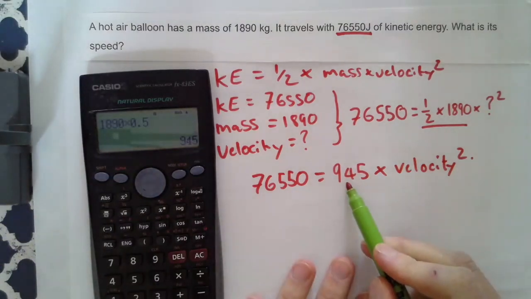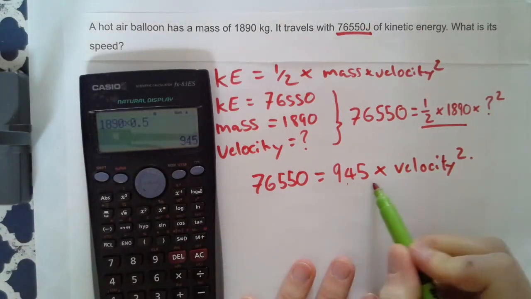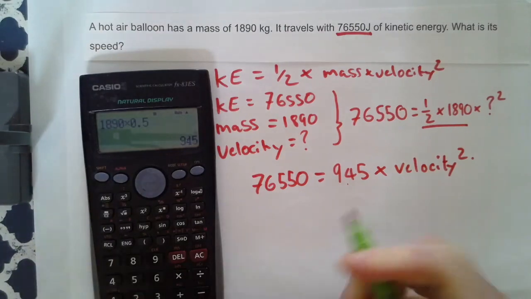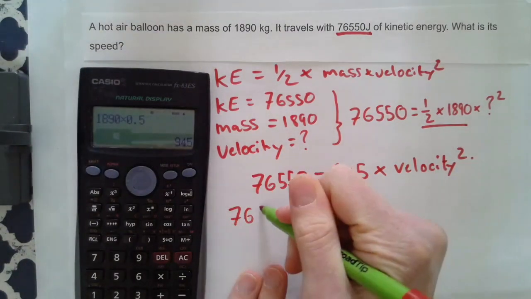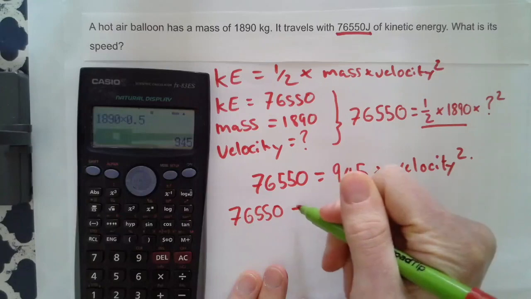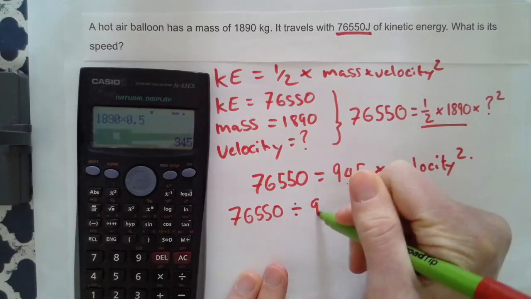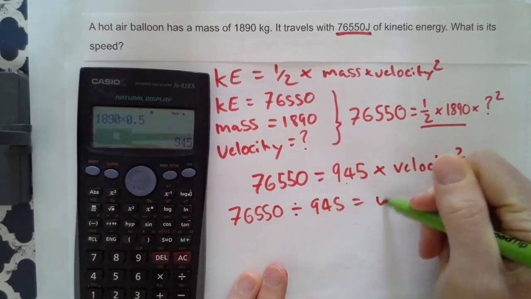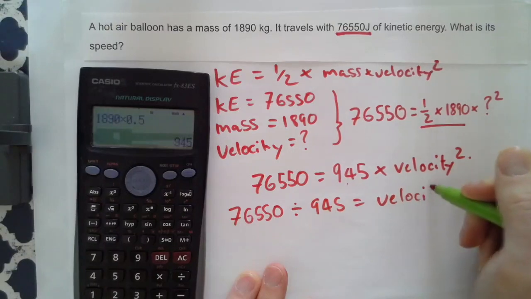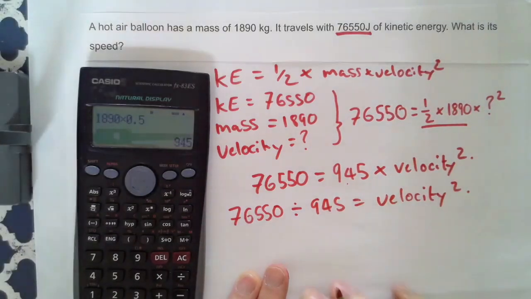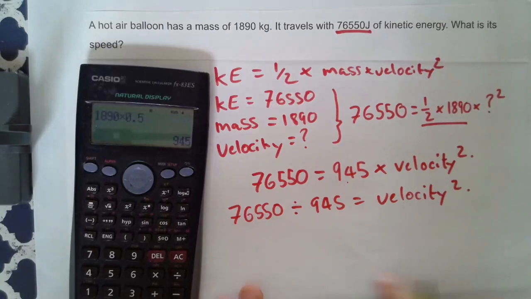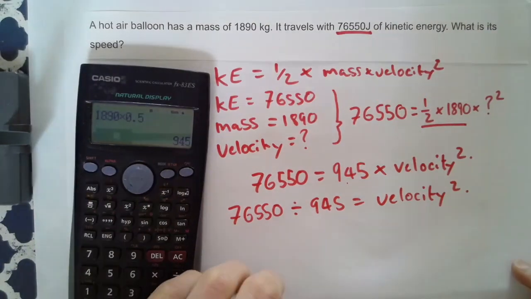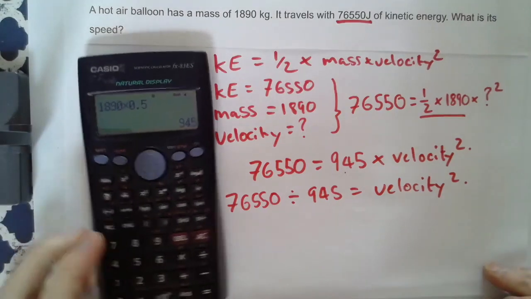So now I need to get rid of this on both sides, so I'm going to divide by 945. So I'll do 76,550 divided by 945 is equal to my velocity squared. Taking your time over it and writing it out this way as well just makes it much easier to see where mistakes might have crept in.